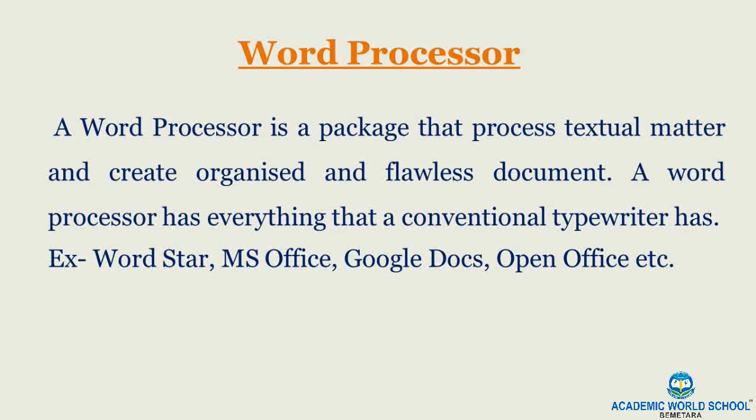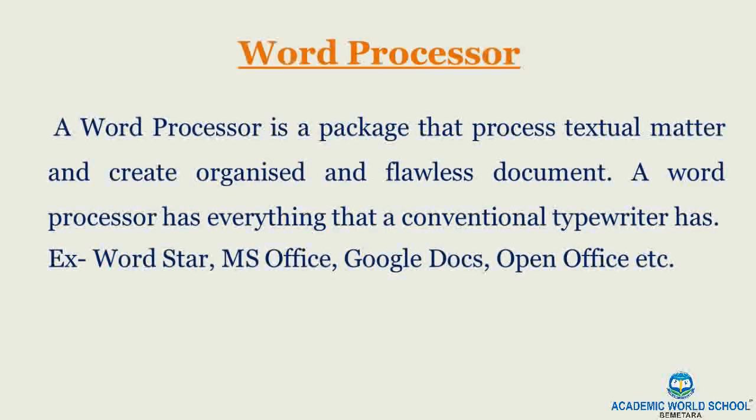In that there were many issues. Now there is word processor software where you can do your task easily. Examples given here are Word Star, MS Office, Google Docs and OpenOffice.